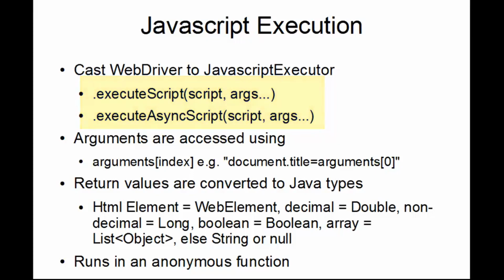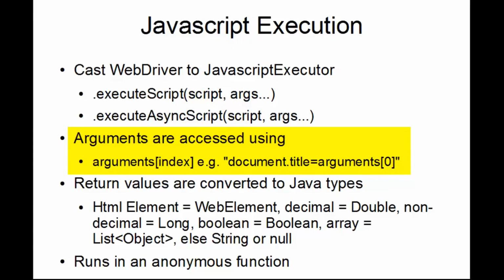JavaScript we're executing. Both of these functions take the script that we're executing, so we write a text string that has the JavaScript that we want to execute, and we can pass arguments into the scripts. When we use the arguments in the JavaScript, we use them as an array called arguments.